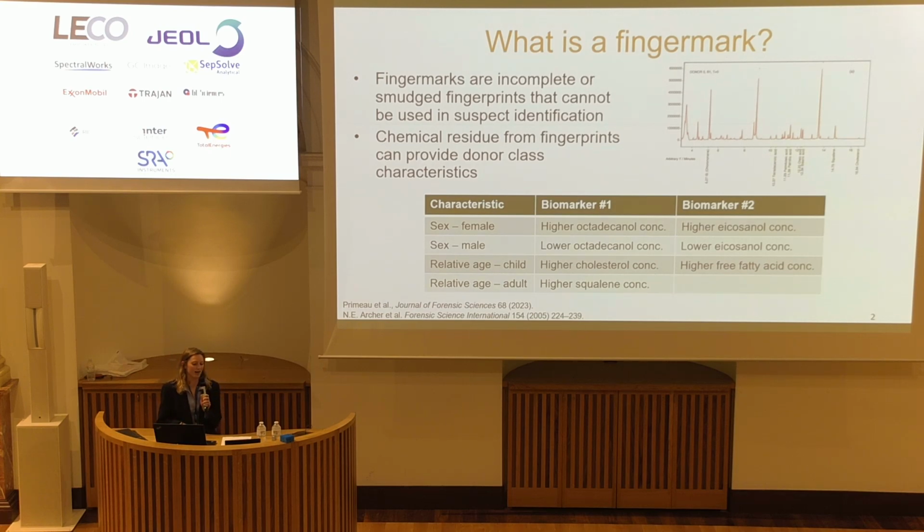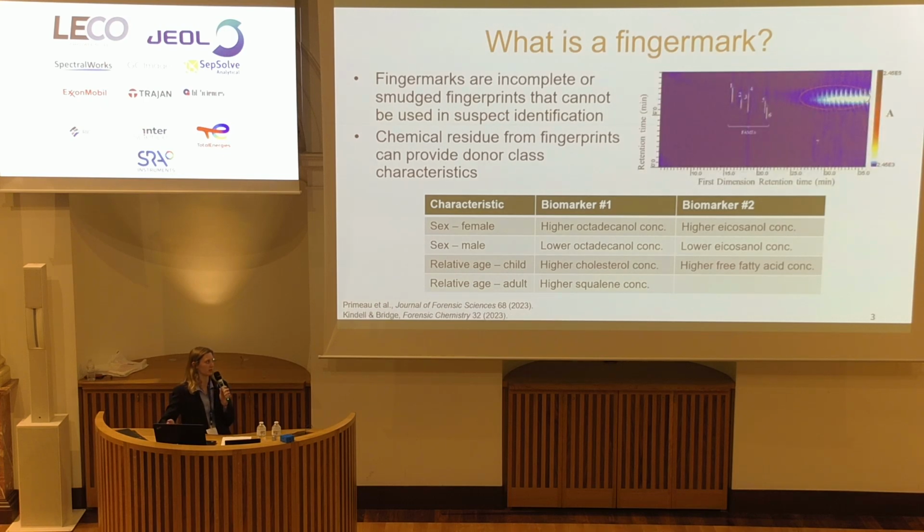But that chemical residue that comes from your fingerprints can still be useful to provide class characteristics, like we just heard about, such as sex and relative age. And this is typically done using 1D GC. There has been one published study performing this targeted analysis of 7 different compounds using GCxGC.